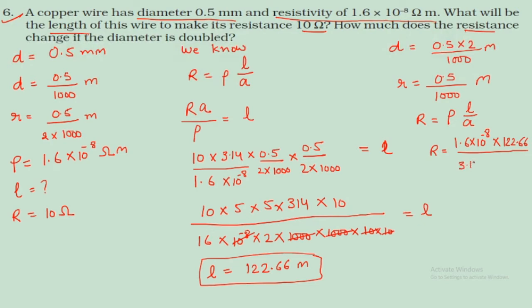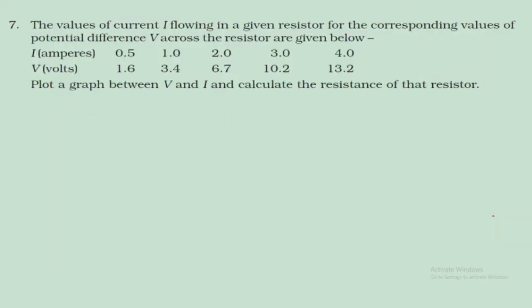It means it is 3.14 into r squared, where r is 0.5 upon 1000, squared. So at last we get R equals just 2.5 ohm. This is the answer. Now move to question number 7.